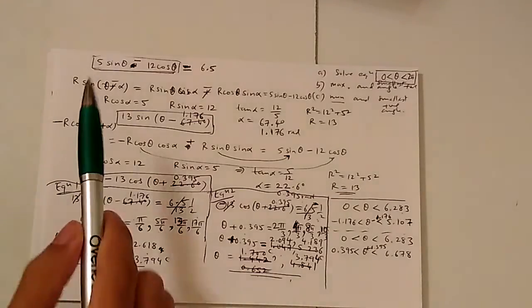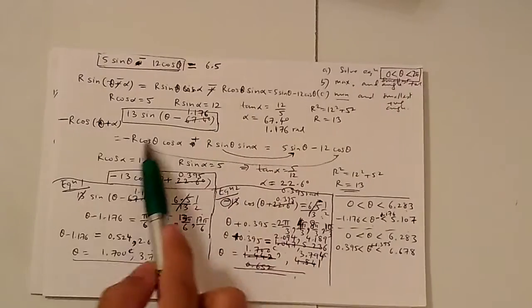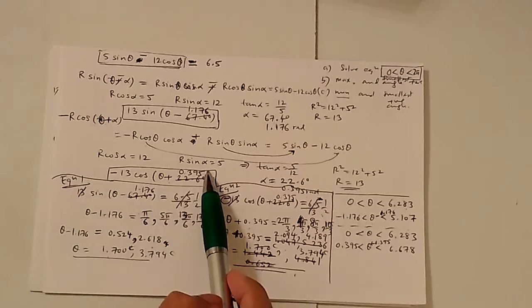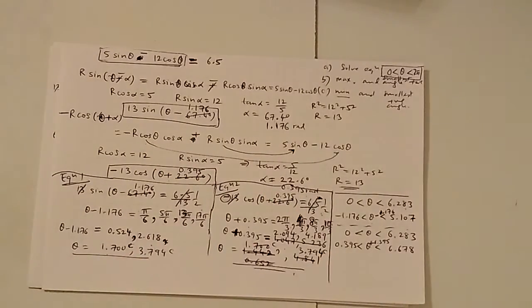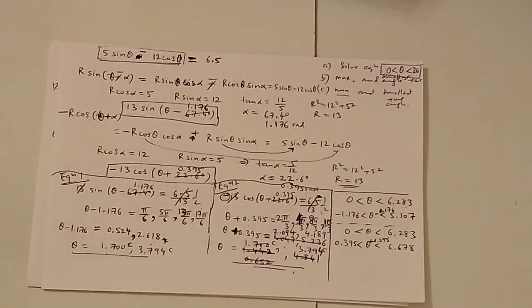Write down this expression, expand it, and then compare coefficients. Once you get these expressions, find tan alpha, find alpha, find r square, find r, substitute back, complete the expression, and then continue solving for your answer.